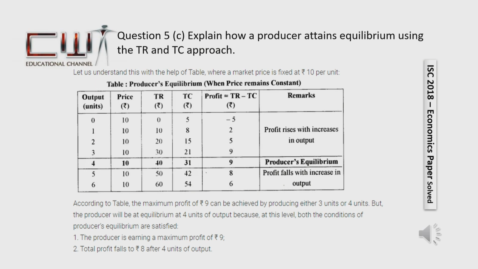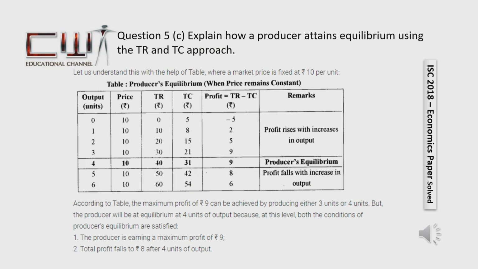This indicates that 5 is the fixed cost and the profit is total revenue minus the total cost. So from 0 to 3 units, profit rises with increase in output. At 4 units of output, the TR attained is 40, and the total cost is 31, and the profit is at its maximum of 9.